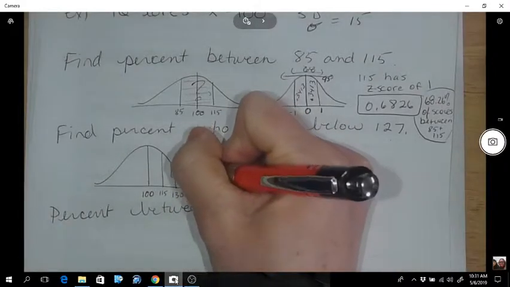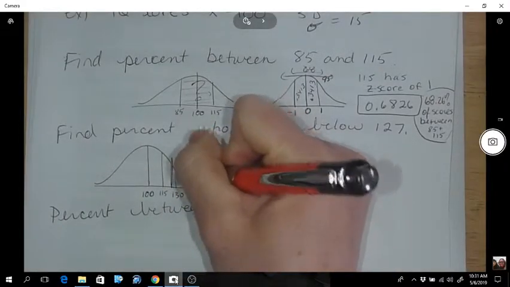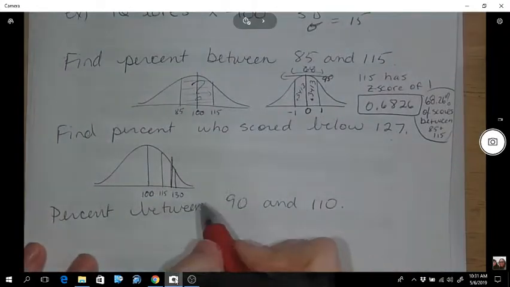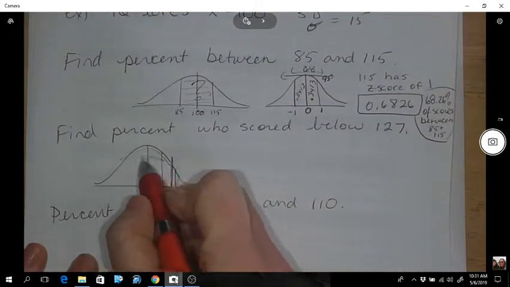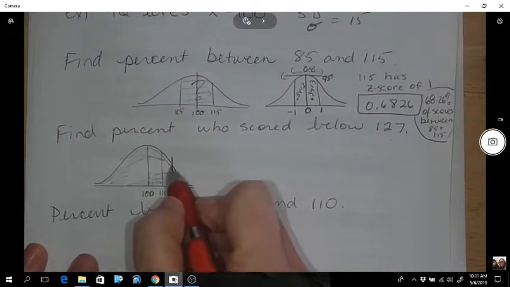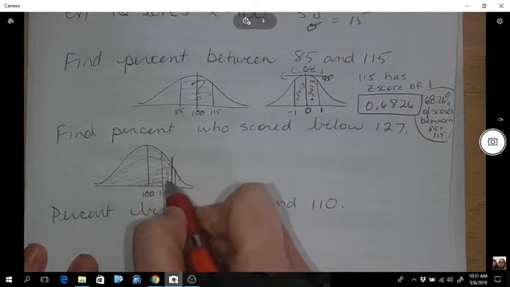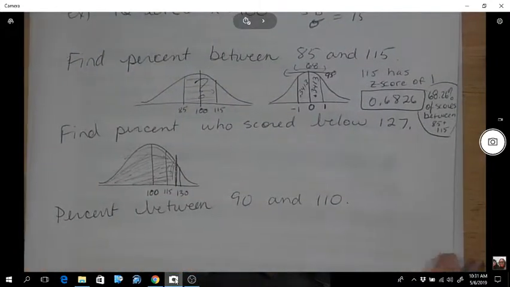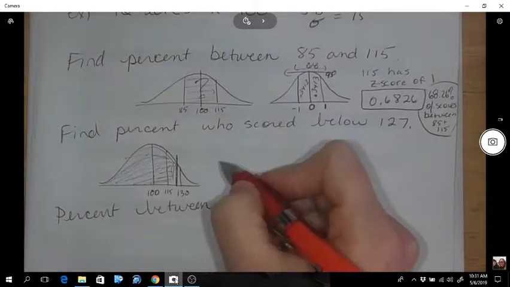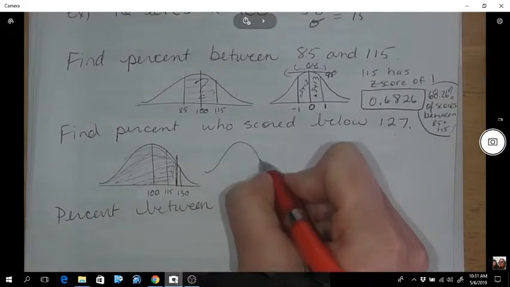So you can see that I'm about right there, and I'm going to find out the percent of people who scored below that. So we're going to convert this to a standard curve.